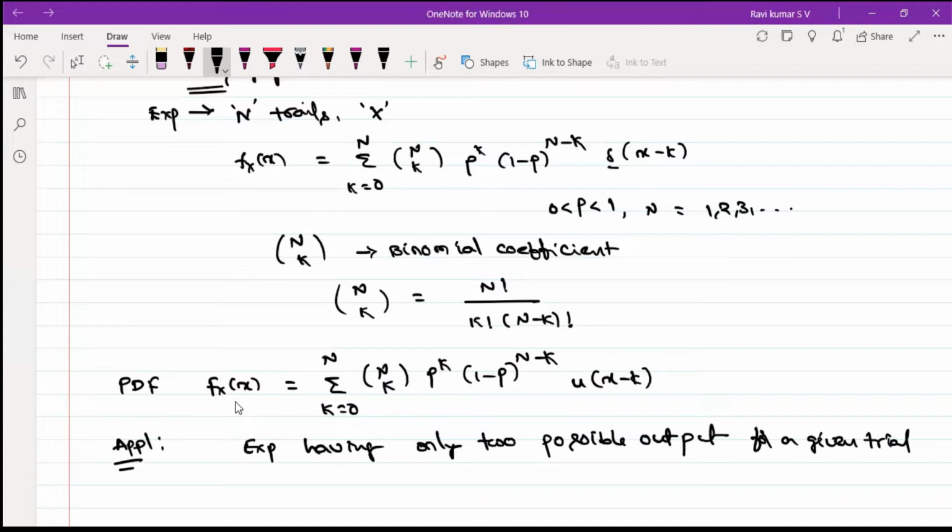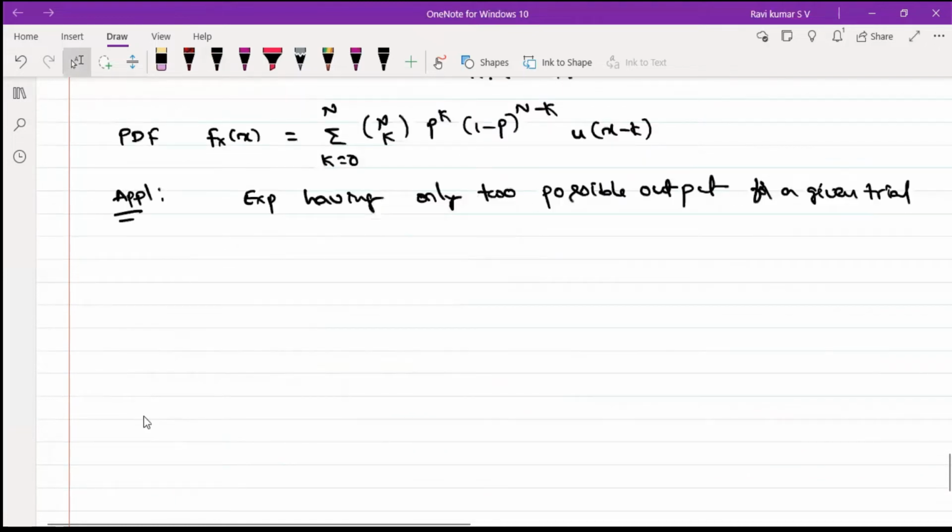So this is about the binomial distribution function, and as I told you already, the total videos are only for the JNTU based syllabus, so I am not going into detail about the binomial distribution or density functions. As per the JNTU syllabus I am covering the topics.